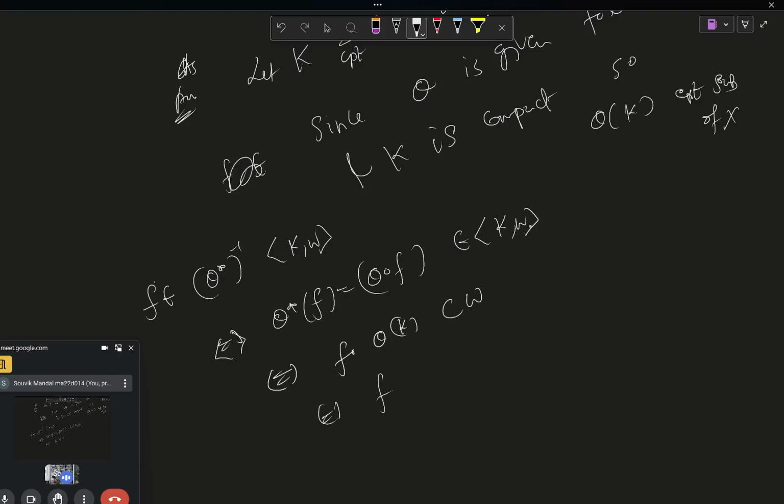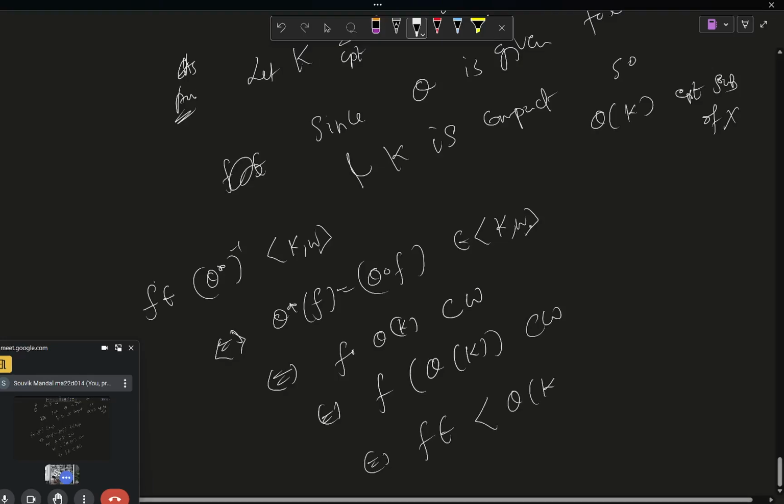This holds if and only if f of theta of K is a subset of W. This holds if and only if f belongs to [theta of K, W].